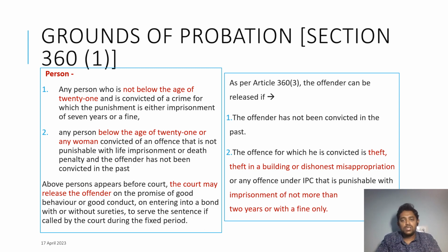As per section 363, the offender can be released if the offender has not been convicted in the past and the offense for which he is convicted is theft in a building, dishonest misappropriation, or any offense under the IPC that is punishable with imprisonment of not more than 2 years or with a fine only.